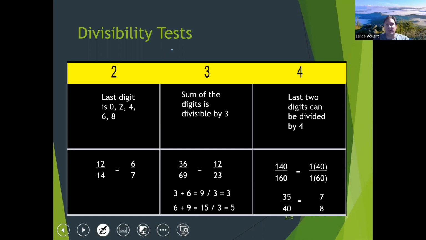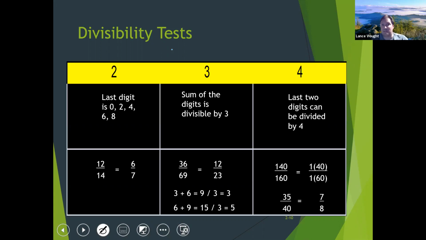When it comes to 3, this one's a little interesting. I trust the math experts and math historians. I've always thought this was like magic when I first learned about this divisible by 3 test. The reality is that if the sum of the digits are divisible by 3, meaning that the sum of the digits are equivalent to something like 3, 6, 9, 12, 15, 18, 21, etc., then both can be divisible by 3.